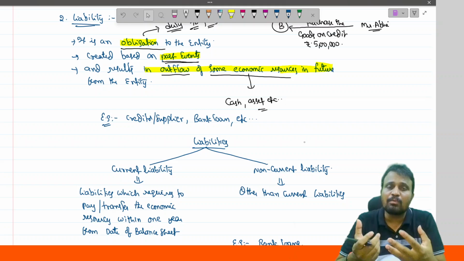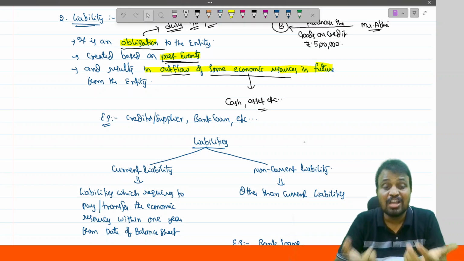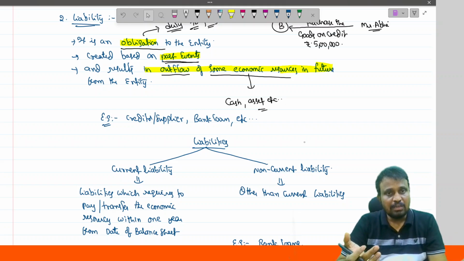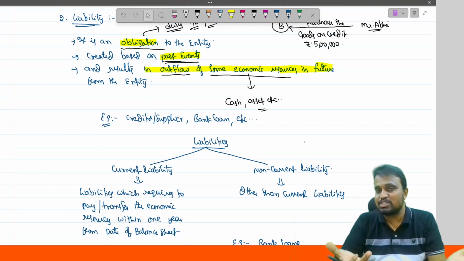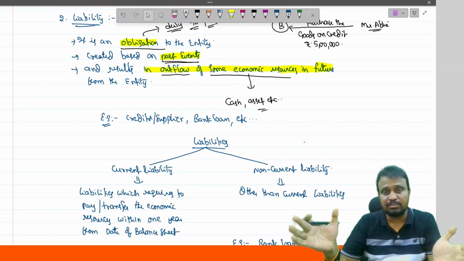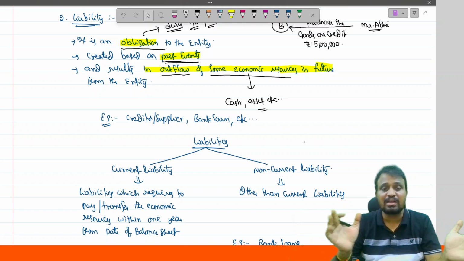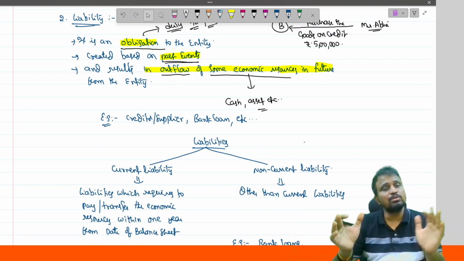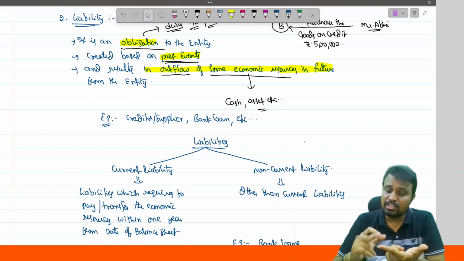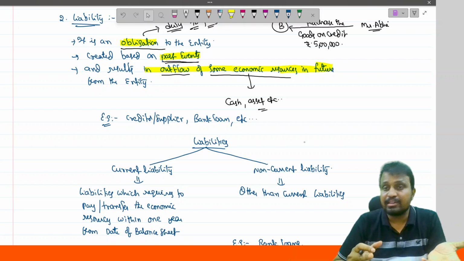If the liability requires to pay or transfer the economic resources within 1 year from the date of balance sheet, it is covered under current liability, and if for a period more than 1 year, it is non-current liability. Based on the tenure, we classify whether it is a current or non-current liability. Okay, so we discussed what is meant by asset, and the second one is liability.